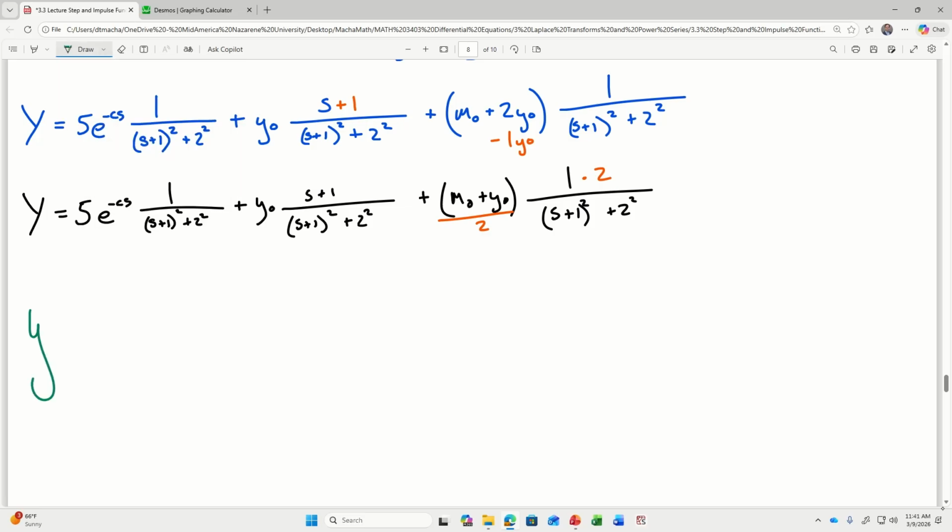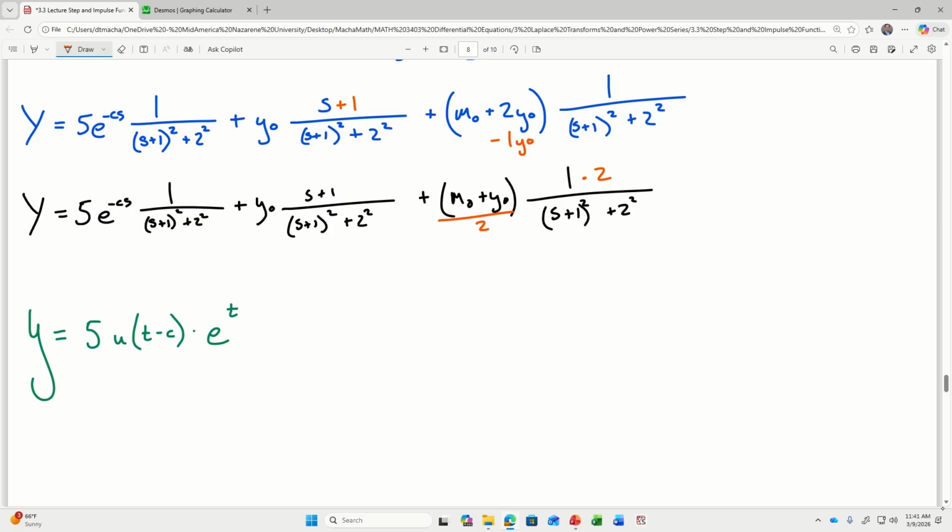And in the inverse Laplace transform, this is going to be 5 times. And what happens when I multiply by e to the negative cs is we get the unit step function at t equals c times what would have been the inverse Laplace transform, which is like e to the t times, oh shoot, hold on.